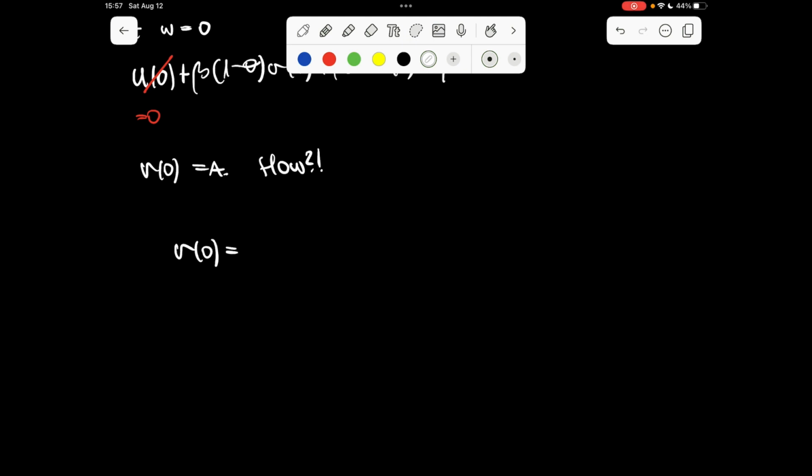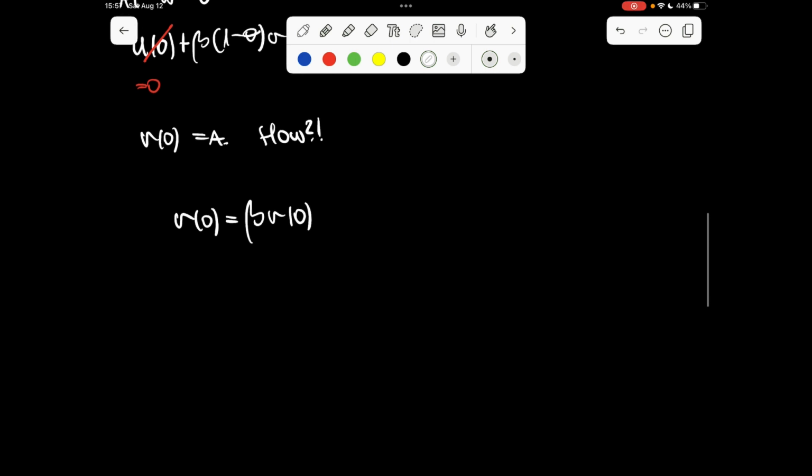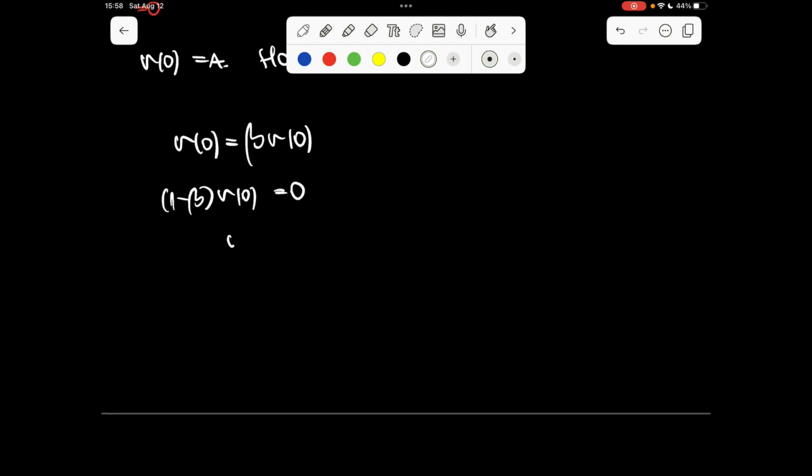So there are two options. If the worker thinks that the acceptance line is higher, then he chooses the acceptance line, the value of which is beta times the value function, from which it follows that this equality holds, from which it follows that the value function at zero wage is 0.